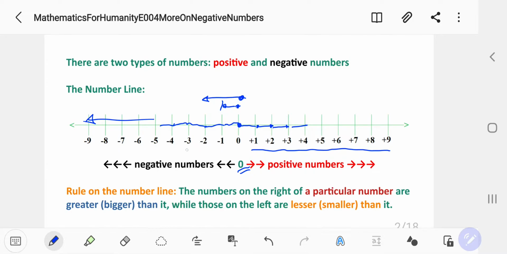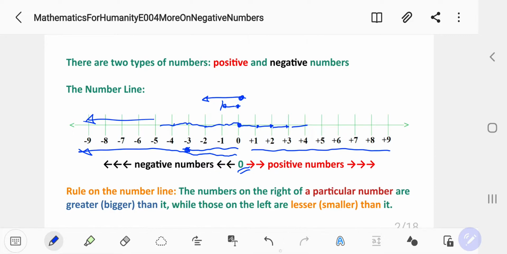And of course, when you go from 0 to negative 3, the distance is much longer. So that's the magnitude actually. It's the distance from 0. So when you go from 0 extending to the left, you're also increasing the magnitude.